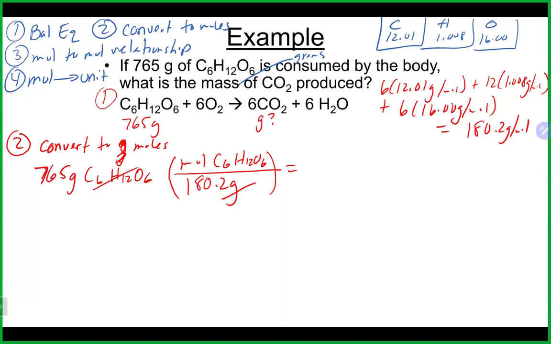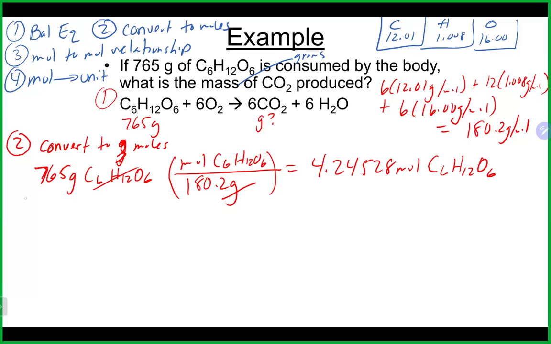You could just continue on with the calculation, but I'll get an answer here. It looks like 765 divided by 180.2 is going to give us 4.24528 moles. I'm not going to round too much because it's not my final answer. At this point, we've converted it to moles.